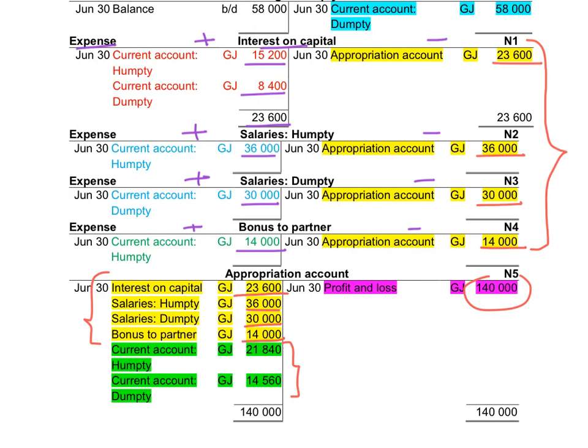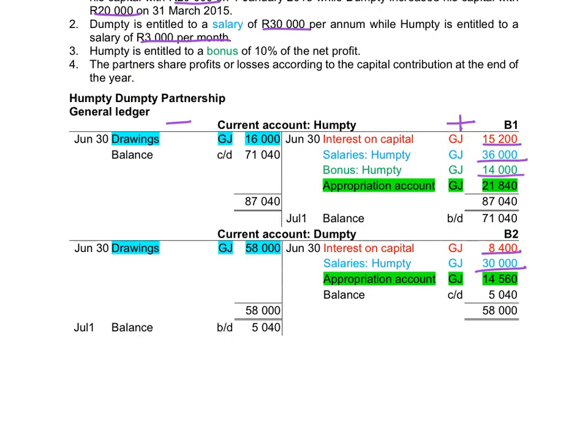That is the capital balances at the end of the year. So we will close off the appropriation account, debiting the appropriation account with the amount that's left over, and we will credit the current accounts. This is a closing transfer. So where we close the appropriation account, we transfer those amounts to the current account.